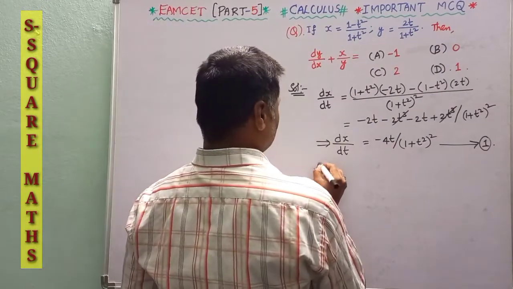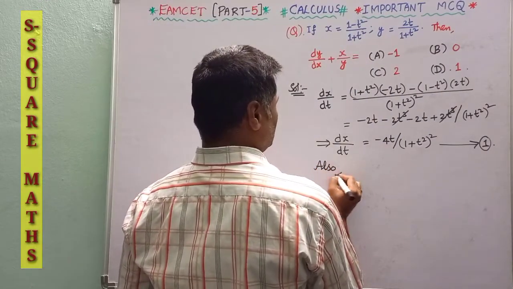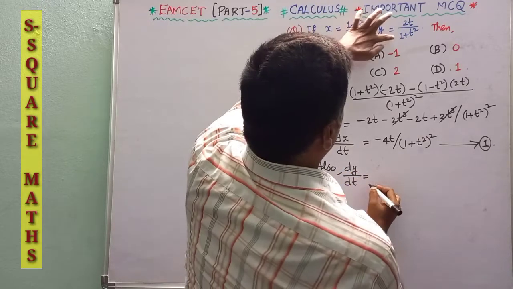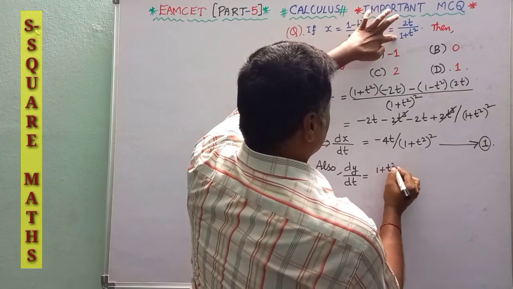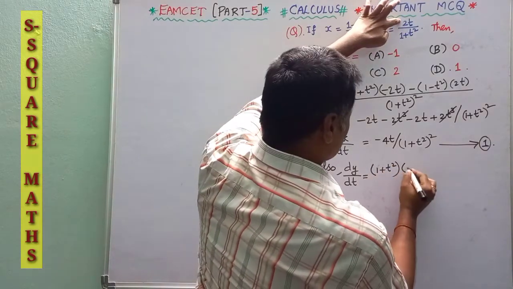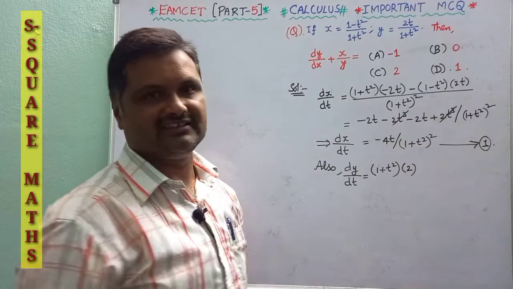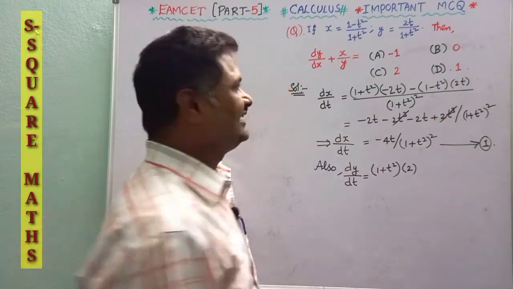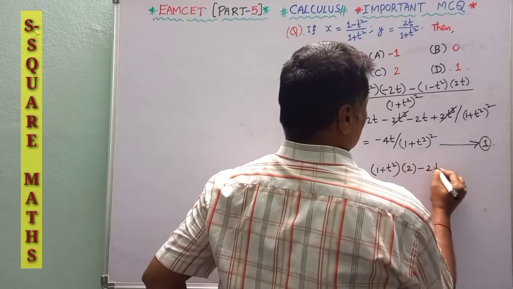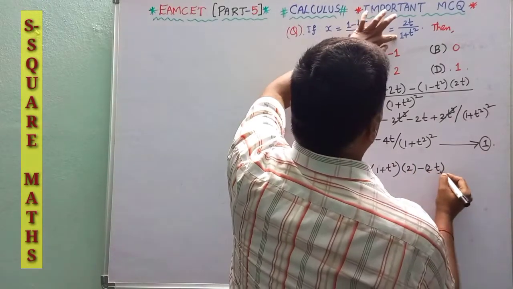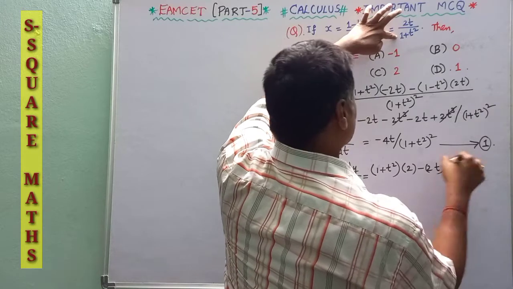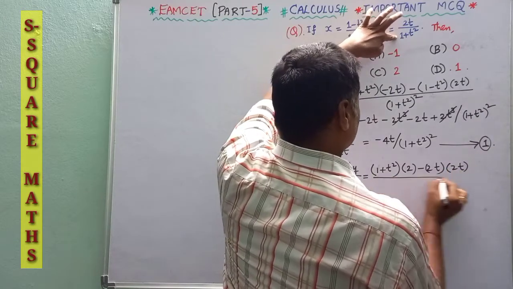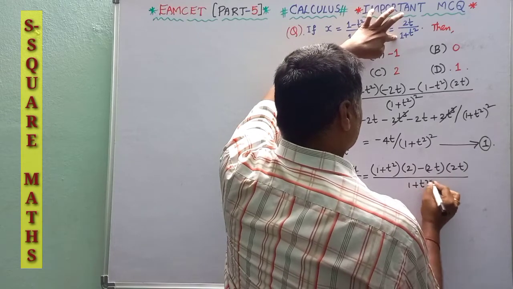So dy by dt: (1 plus t square) into the derivative of 2t, which is 2, minus 2t into the derivative of t with respect to t, which is 1, minus the derivative of v, (1 plus t square), which is 0 plus 2t, that is 2t, by the same denominator, (1 plus t square) the whole square.